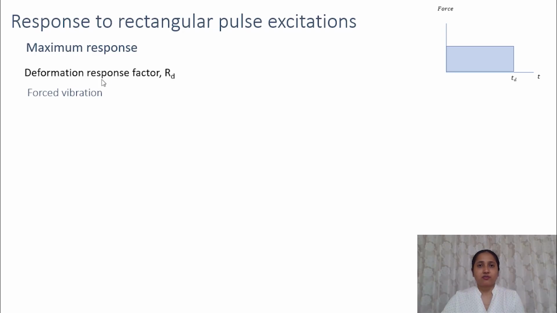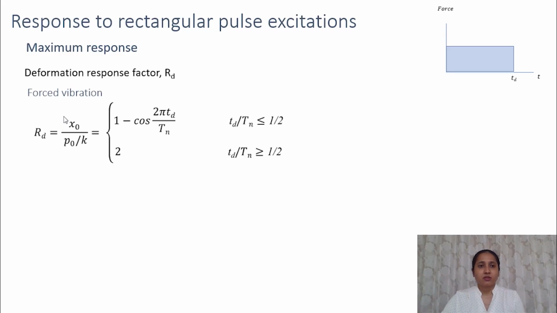So we just have to find the maxima of the response. If you do that, we will get the expression for Rd, that would be equal to the amplitude of the dynamic response divided by the static response.